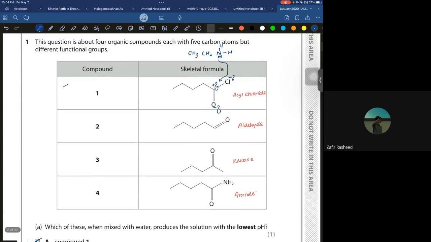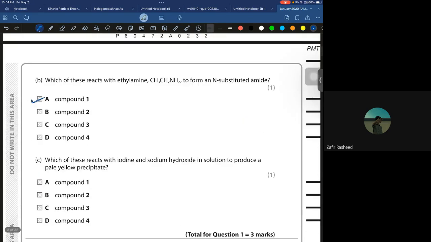One, two, three, four, five, six. This is chlorine. This is the N-substituted amide. So this is amide. That's it.